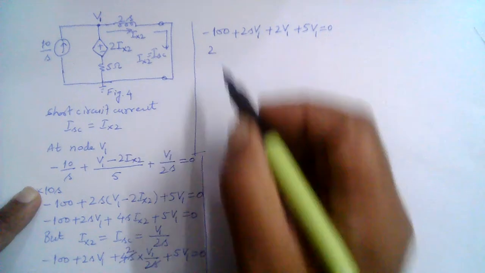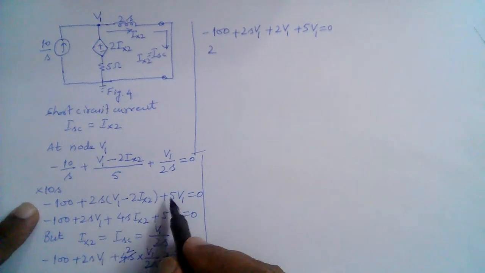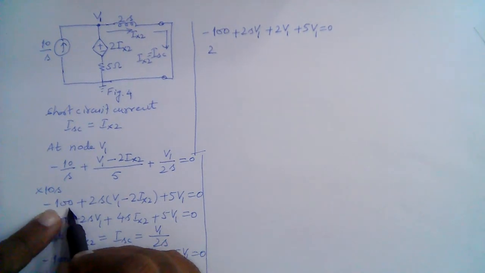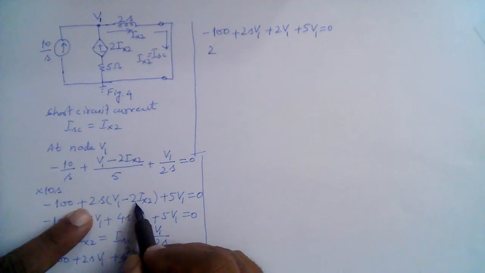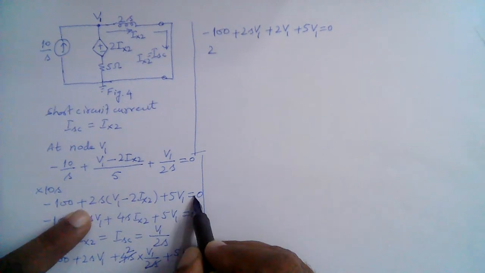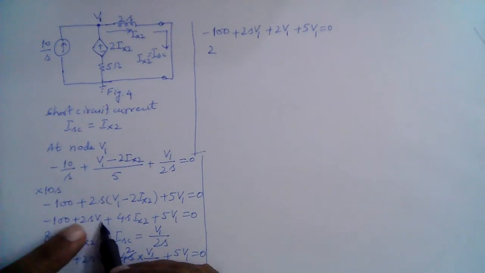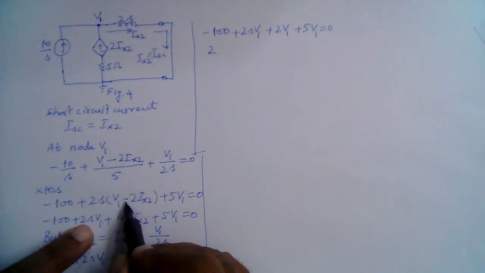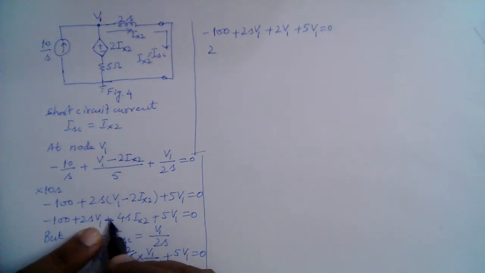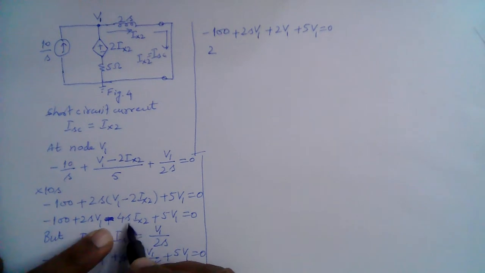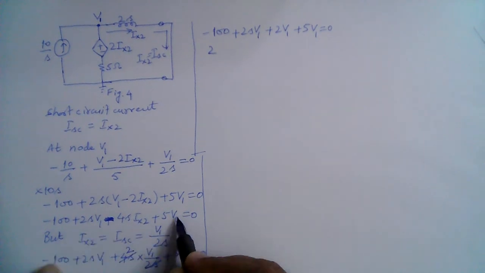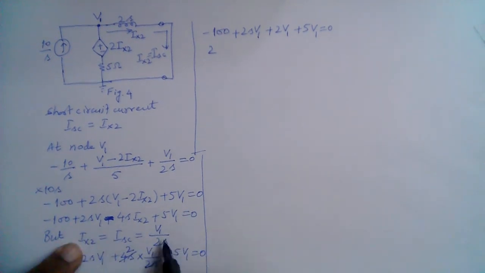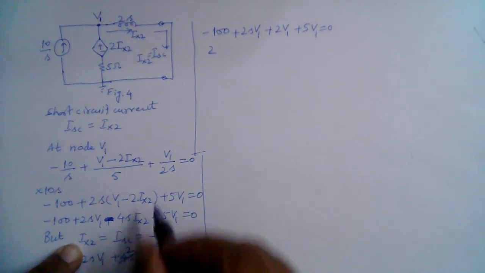Let us have a look at this entire process again. Minus 100 plus 2S into (V1 minus 2Ix2) plus 5V1 is equal to 0. So minus 100 plus 2S V1, and this should be minus here, right? Minus 4S Ix2 plus 5V1 is equal to 0. But this Ix2 is equal to ISC is equal to V1 over 2S, right? This is correct.